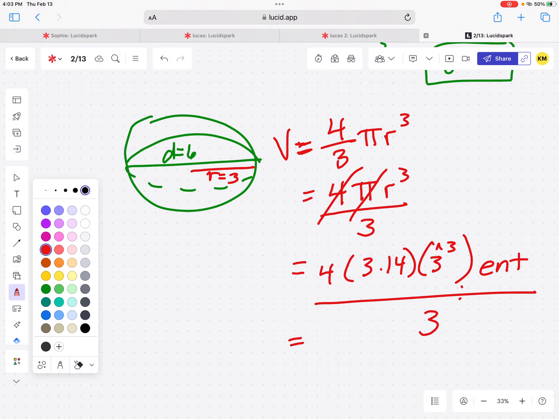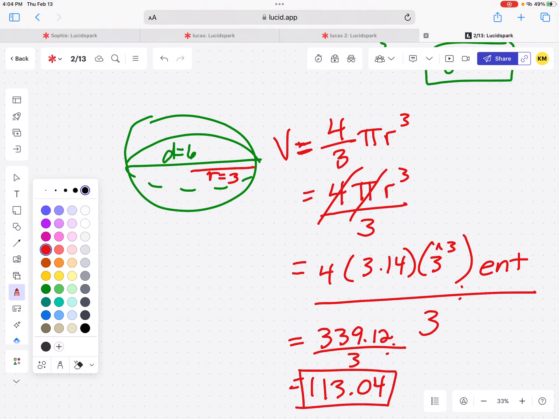Enter. 339.12. Let's divide that answer by 3. And I get 113.04. 113 and 4 hundredths, or 113.04. That's it. That's all she wrote.